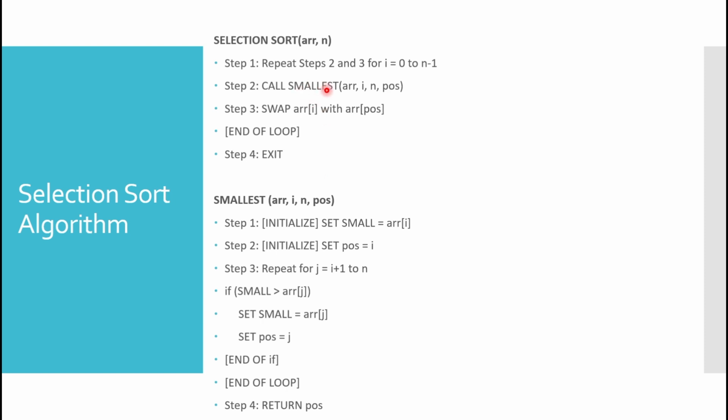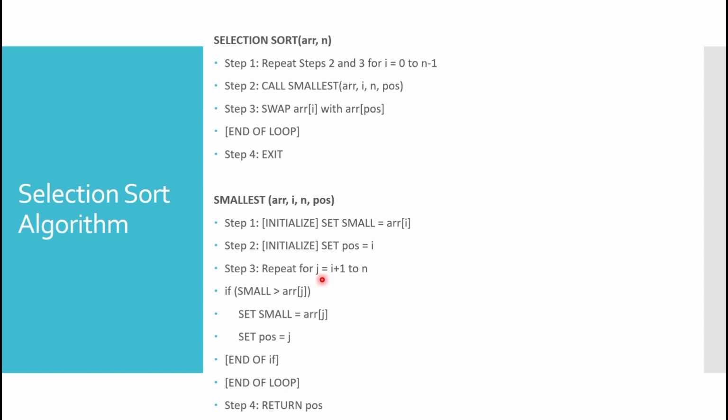So how are we going to find the smallest number in the array? First we set the smallest number as the index based element, so for example here it is array of i. Then we initialize one position, which is also index i.